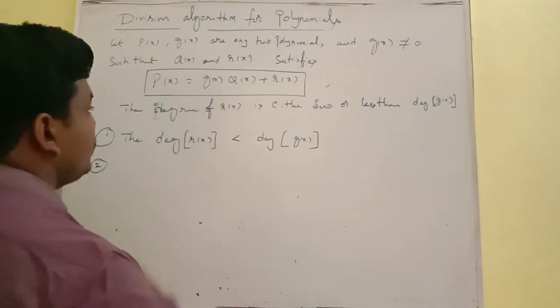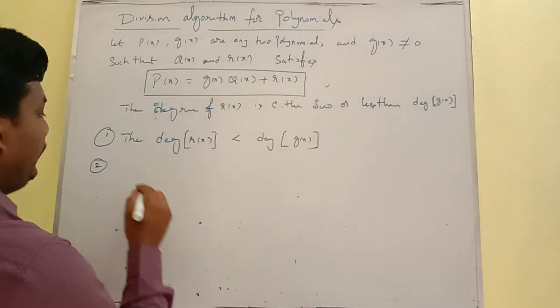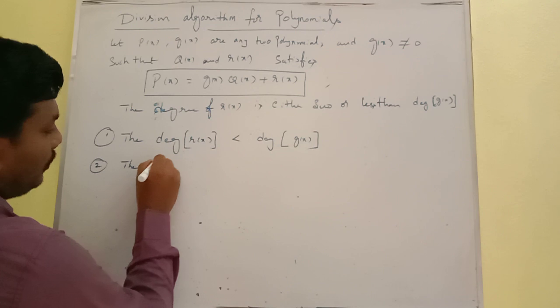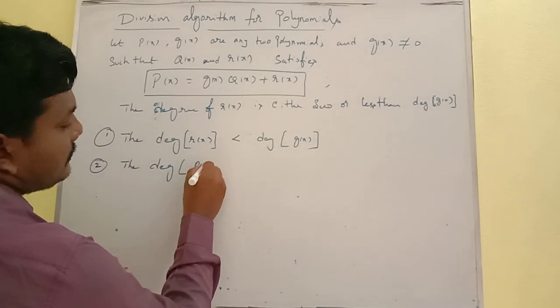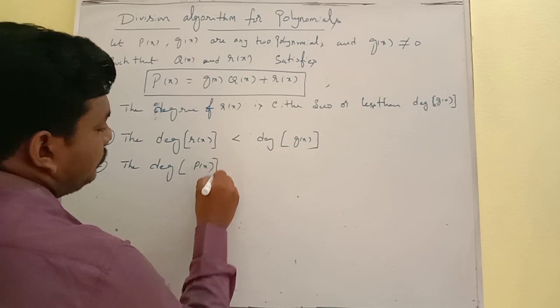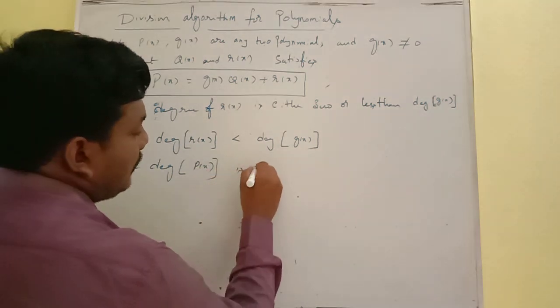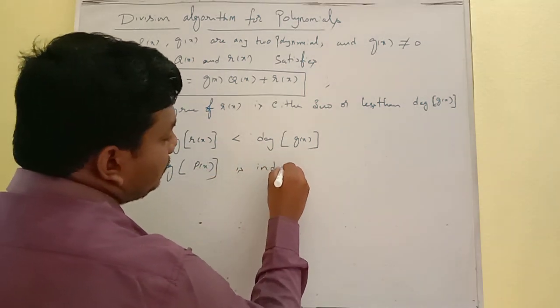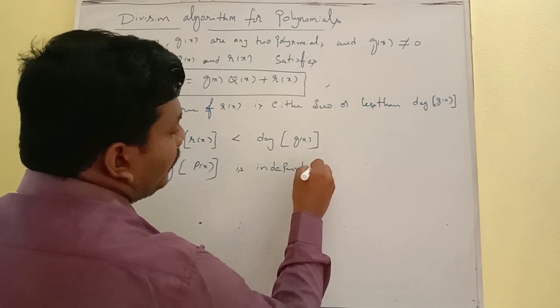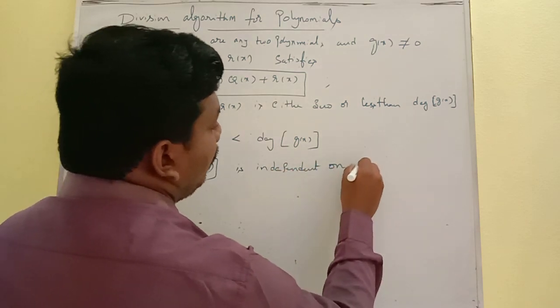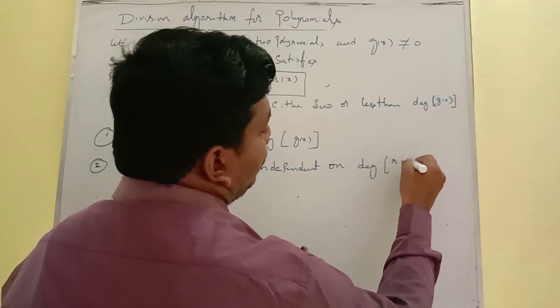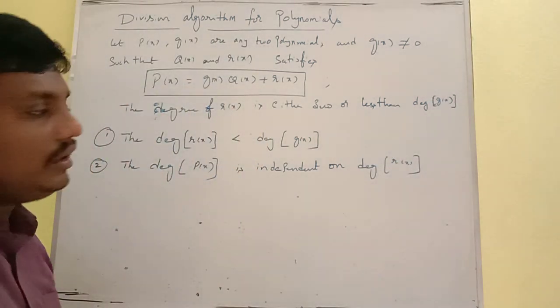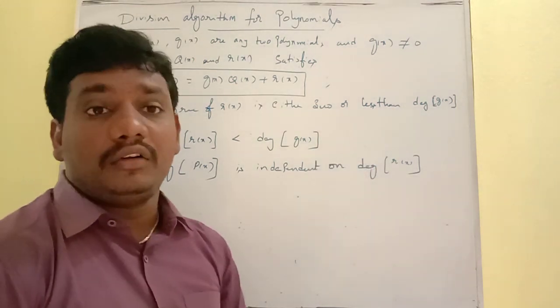So for that reason, I am going to consider one more point: the degree of p of x is independent of the degree of r of x. That means it does not depend on the degree of r of x. This is the second point we have to remember.